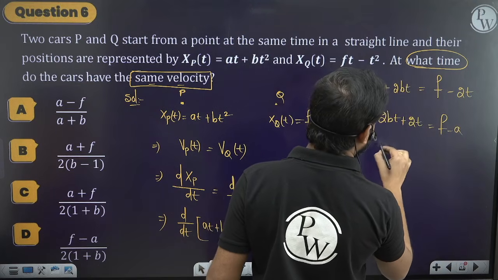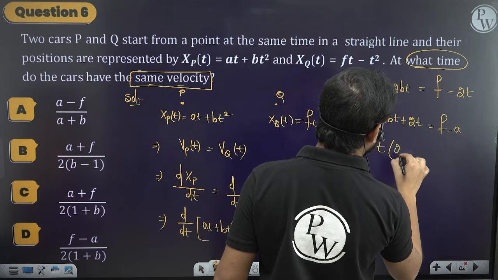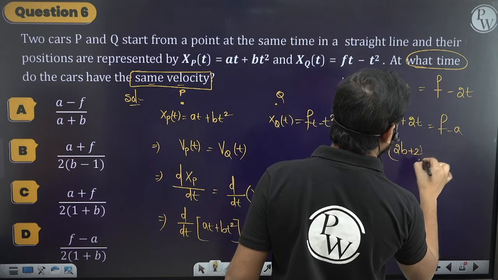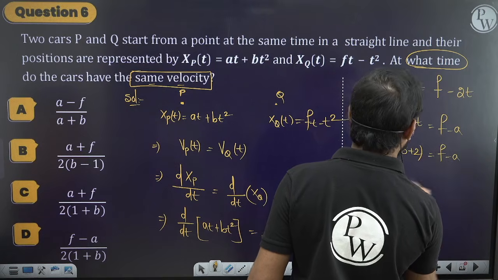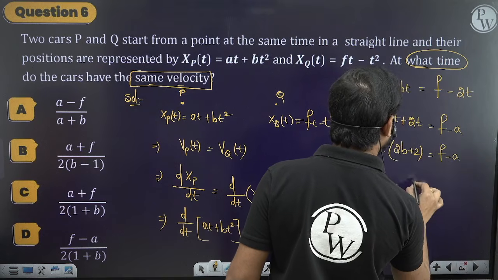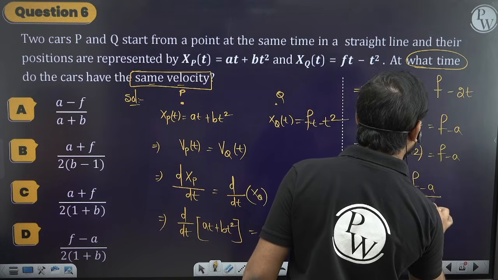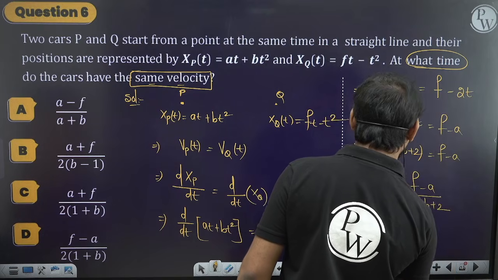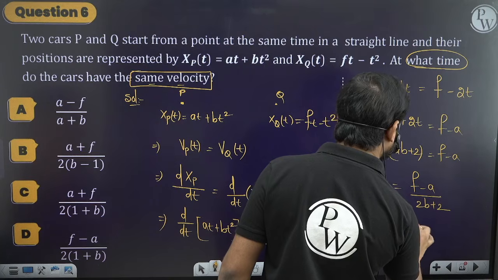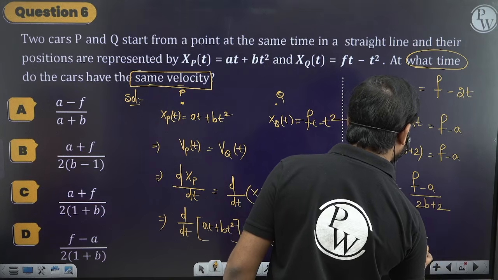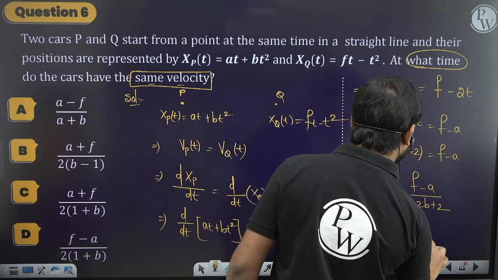Then I can take t common, so it comes out to be t times 2b plus 2 equals f minus a. So t is equal to f minus a by 2b plus 2, or you can take 2 common, so f minus a by 2 into b plus 1.